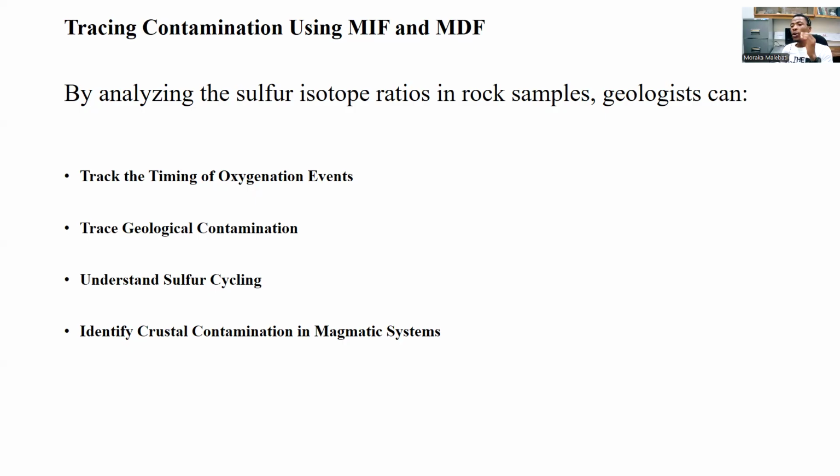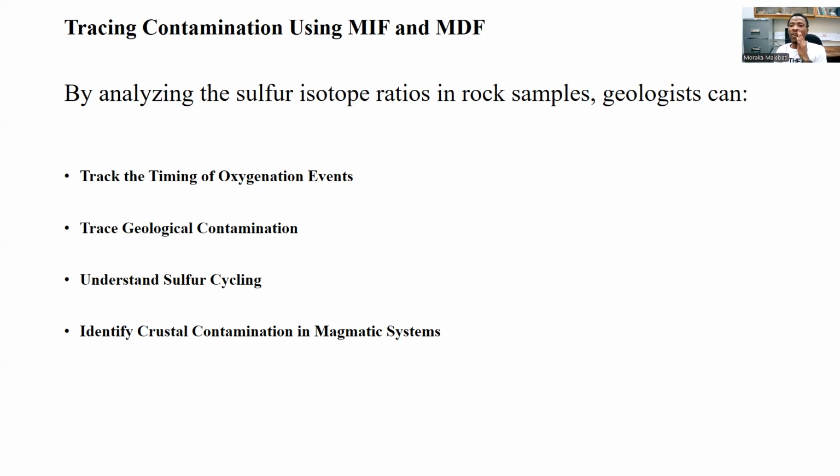So it means that if we have the disappearance of the MIF signals in rocks after approximately 2.4 or 2.45 billion years, it will confirm that oxygen began to accumulate in the atmosphere.